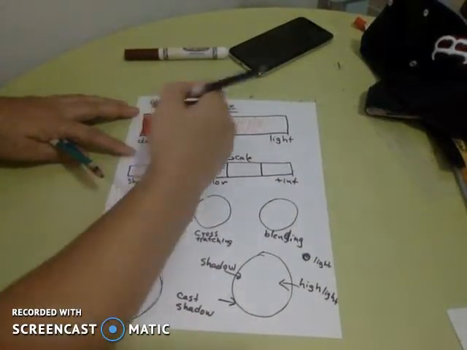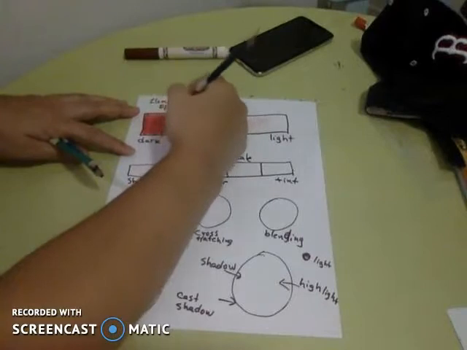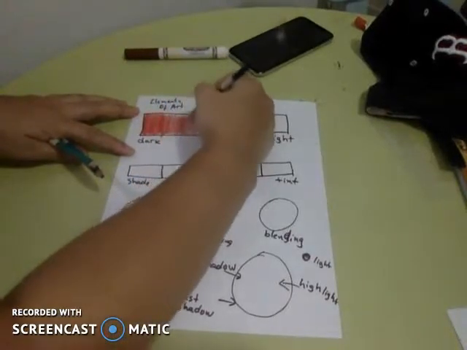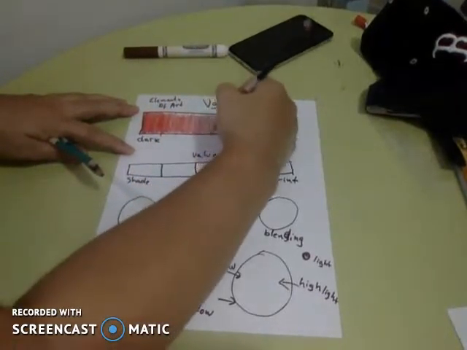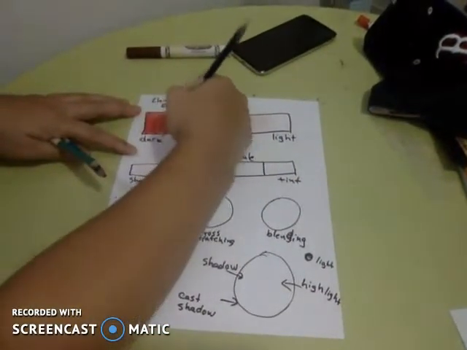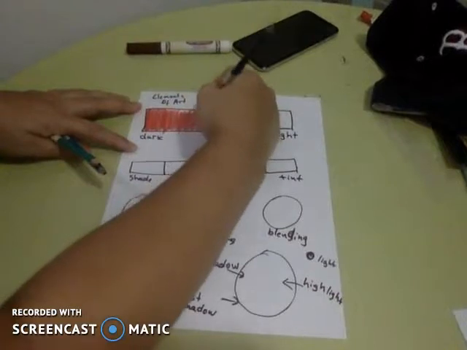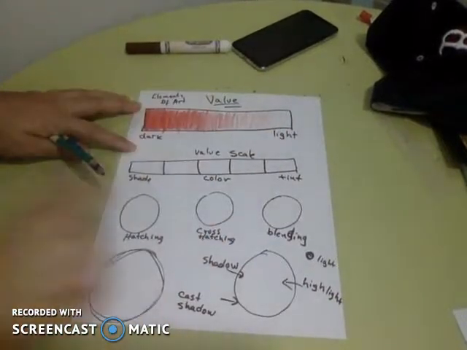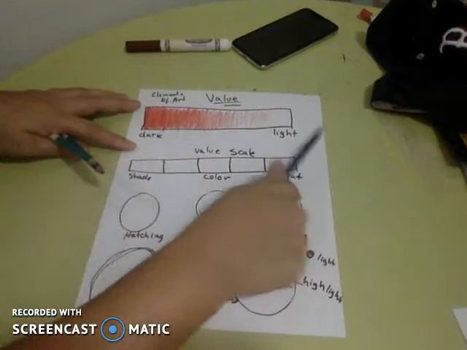Do you see how from dark it goes all the way to light? In the video it's kind of hard to see, but you get the drill, right? From dark to light.